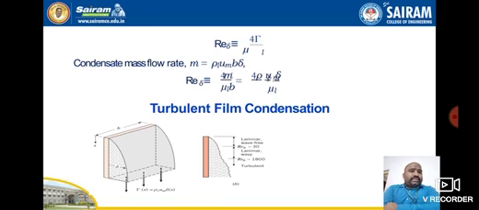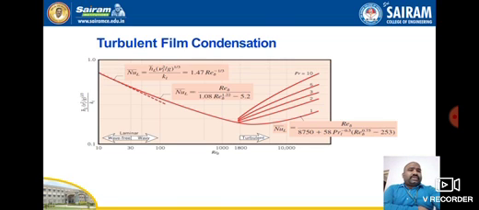So the Reynolds number at delta is equal to 4 gamma divided by mu L, where the condensate mass flow rate m is rho L um b delta, and Reynolds number delta is equal to 4m divided by mu L into b. Further, we can understand turbulent film condensation. Again the relations are made, and these relations are available in heat transfer references.